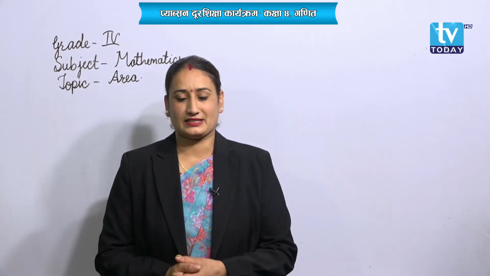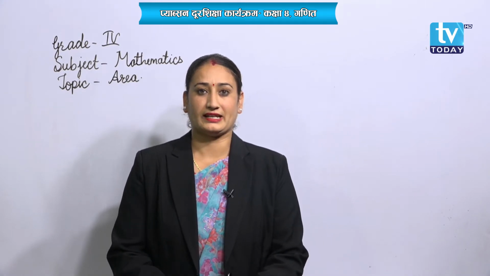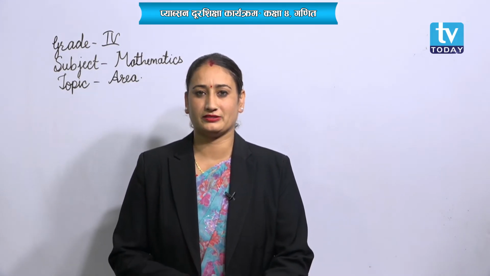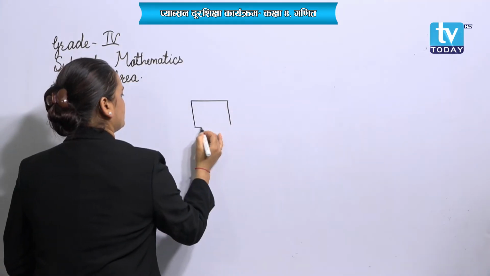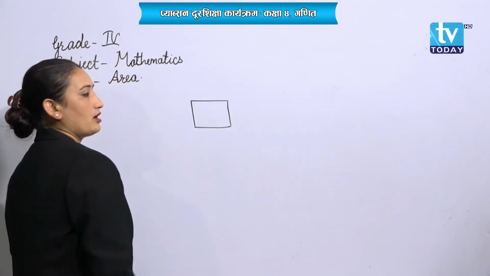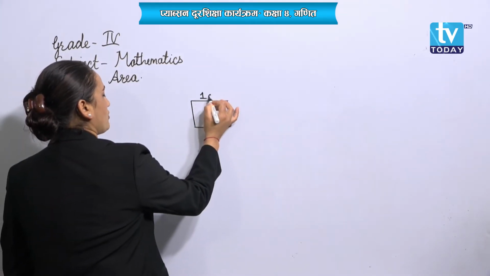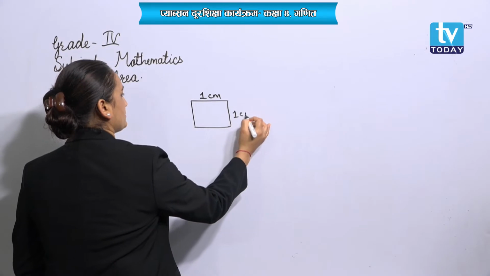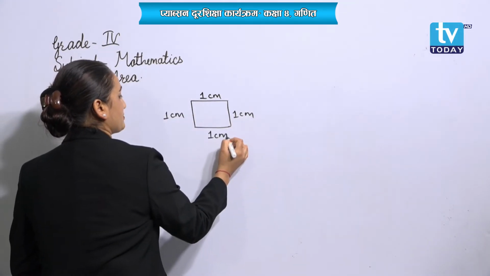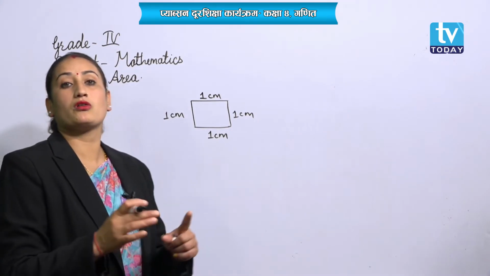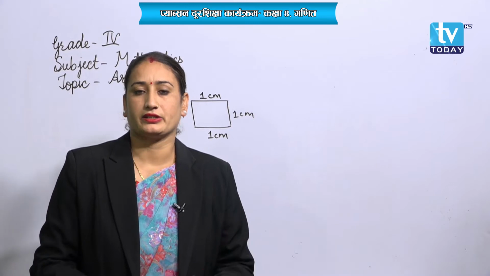Okay students, do you know what we mean by area? Let's learn area with one figure. I have one figure for you. Okay, it's a square. So it's 1 centimeter, 1 centimeter, 1 centimeter and 1 centimeter. That means a square has all sides with the same unit, right?